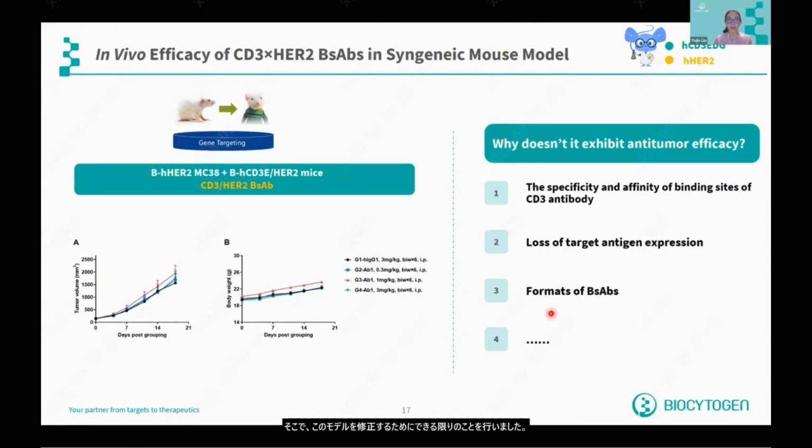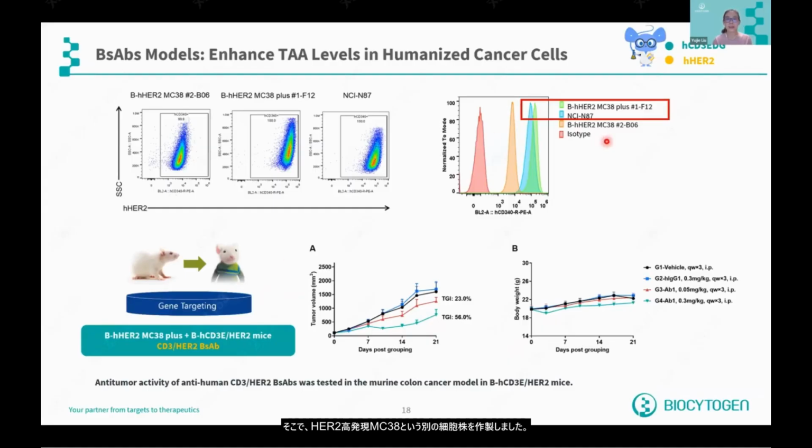So we did what we could to modify these models. We generated another cell line, which is HER2 high expression MC38. This cell line has an expression level comparable to the human cell line NCI-N87.